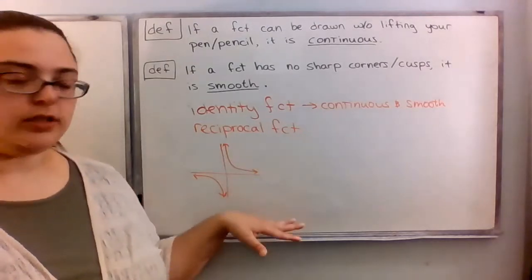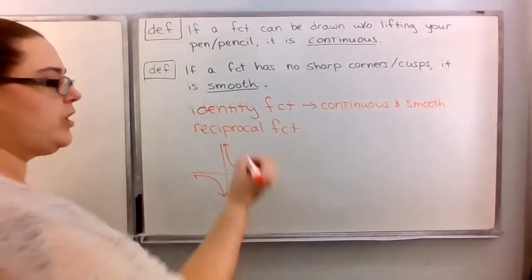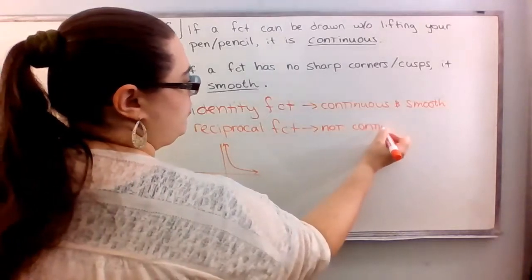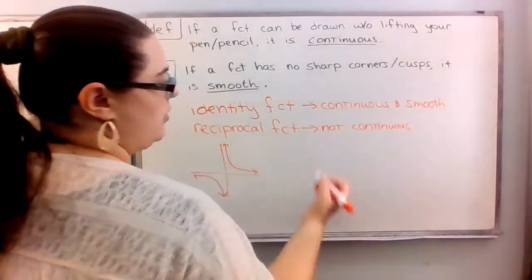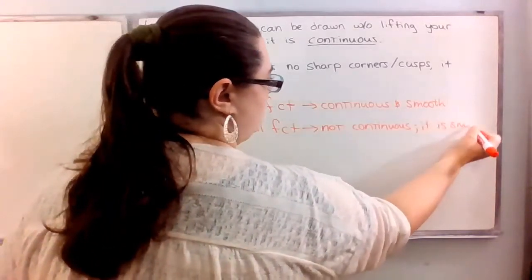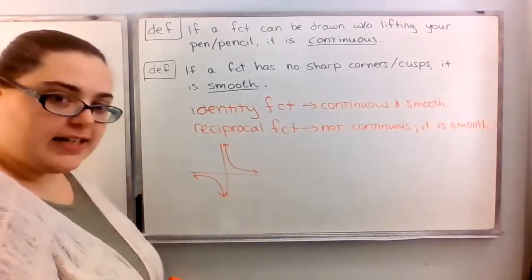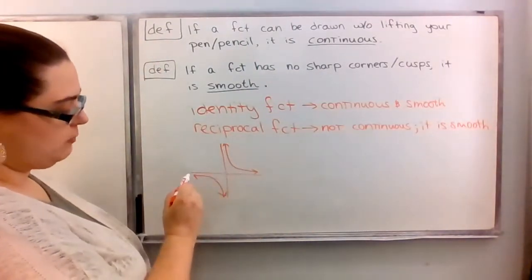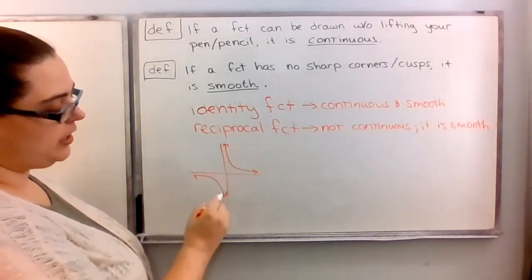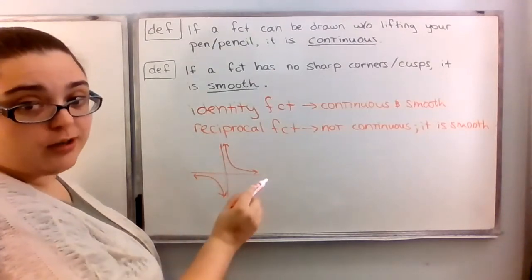So the reciprocal function is not continuous, but it is smooth. The reason it's not continuous is because I draw this bottom left-hand piece here, and there's no way for me to go from this bottom left-hand piece over to this top right-hand piece without picking up my marker.